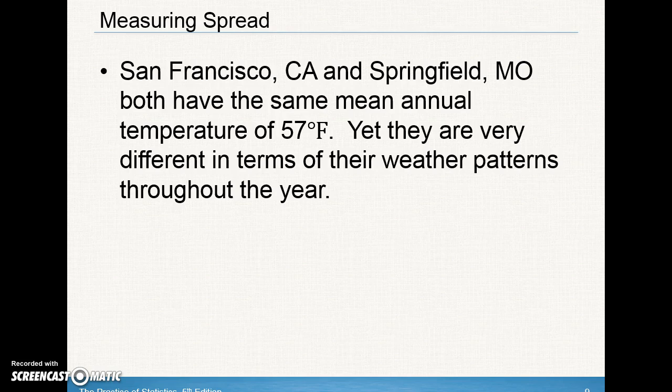I don't know if anybody's been to San Francisco, but it tends to stay probably between 40 degrees and 80 degrees most of the year, with some extreme examples outside of that. Whereas Springfield, Missouri is going to range from 0 degrees or below even, all the way up to 100, and yet they both have the same averages.